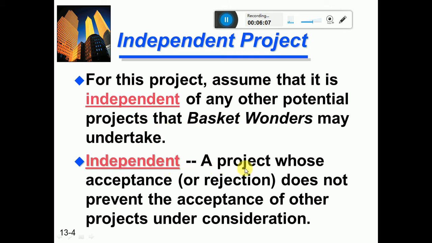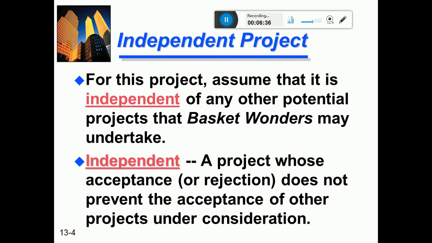Independent means a project whose acceptance or rejection does not prevent the acceptance of other projects under consideration.